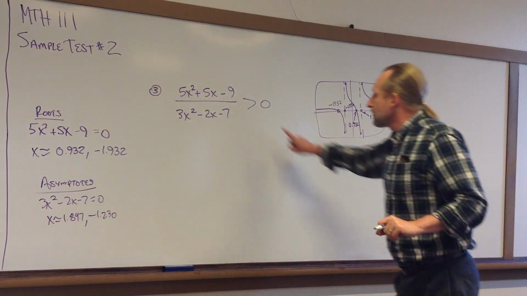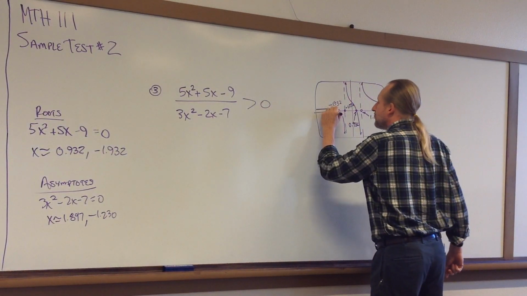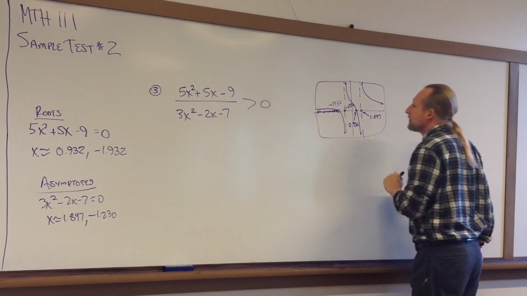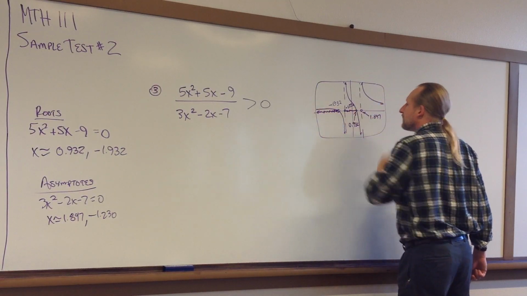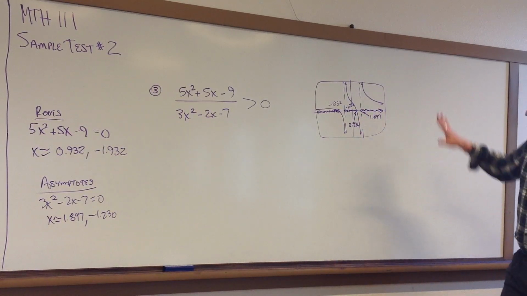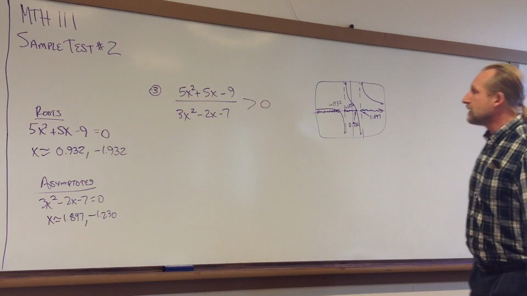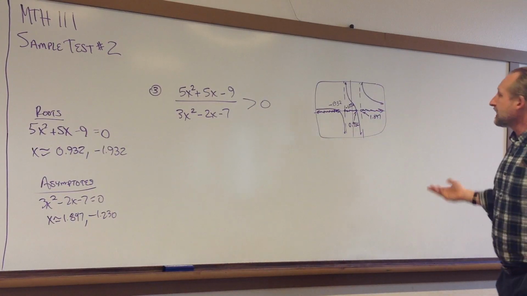We need to answer the question, where is the graph greater than 0? Where is it above the x-axis? So there's one region, here's another region, and here's another region out here. So we've got 3 different intervals where the graph is greater than 0. So we're going to need 3 separate statements.